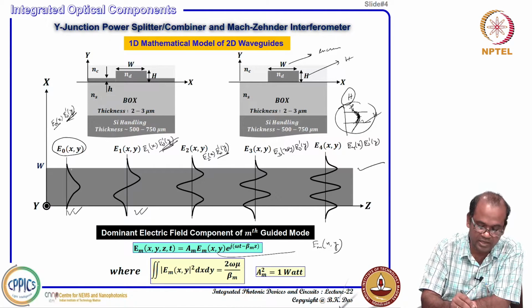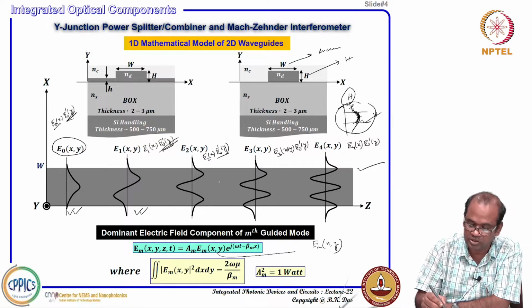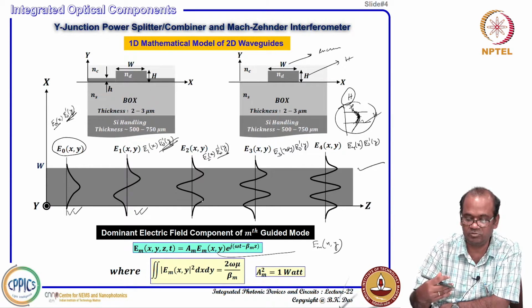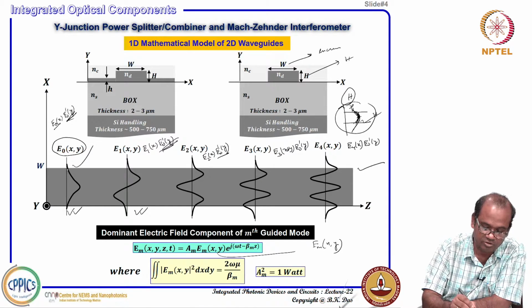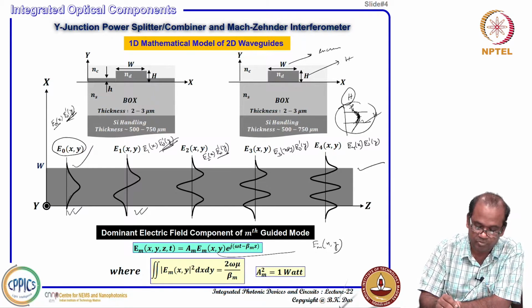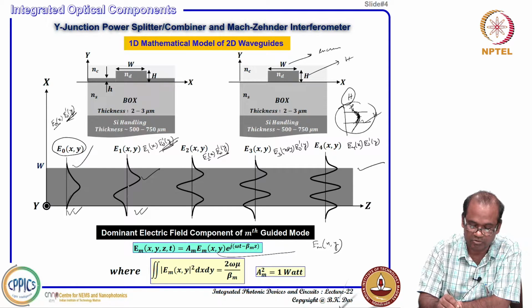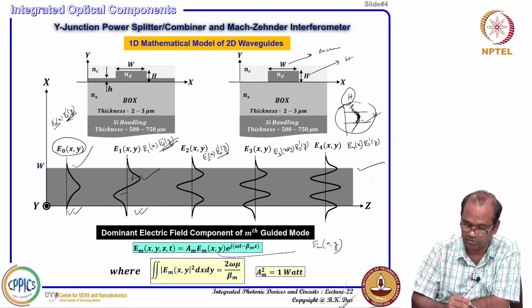Then along the x direction, the mode distribution, the field distribution, will be varying. The fundamental mode will be almost like a Gaussian, sinusoidal, then exponentially decaying. For the higher order mode, along the x direction you will get one plus and another minus field, and then for higher order modes you will see more nodes and antinodes like this.